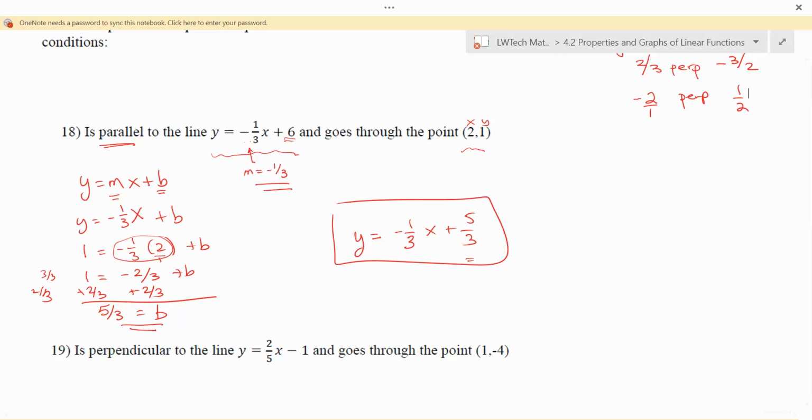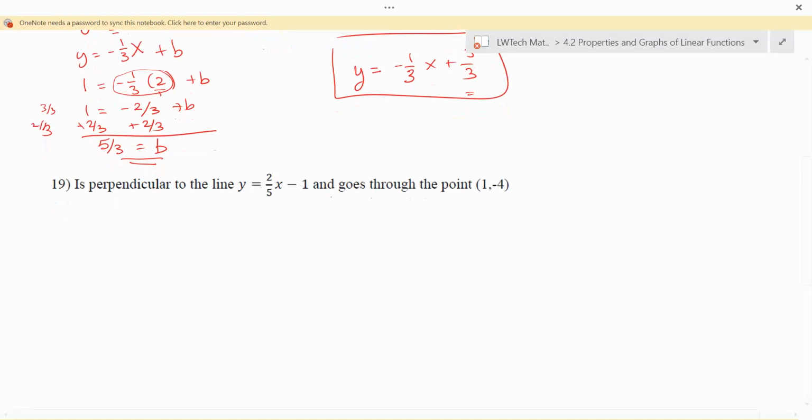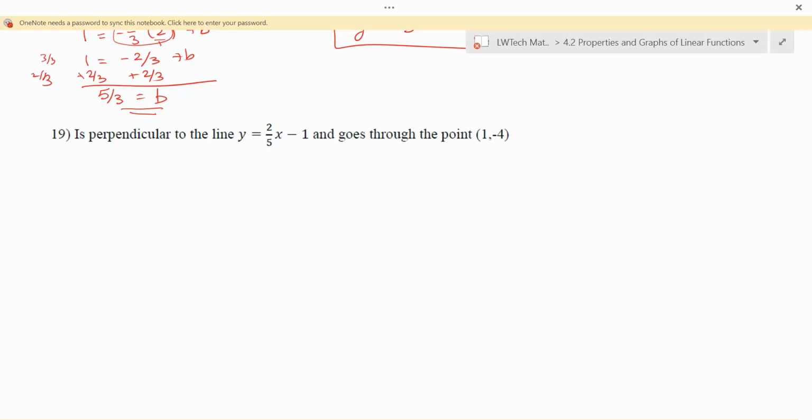So let's use that information to try to answer question 19. Question 19 is asking us to find the equation of a line in slope-intercept form which is perpendicular to the line y equals 2/5 x minus 1, and then goes through this specific point. So this particular line is in the y equals mx plus b form, so we can identify the slope very quickly as 2/5.